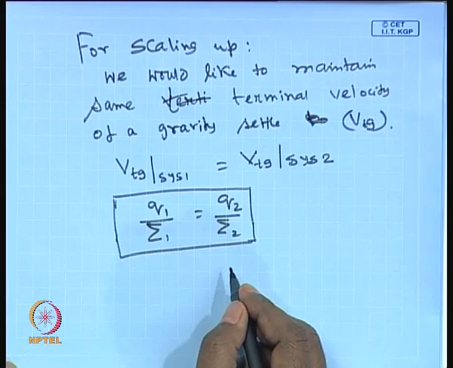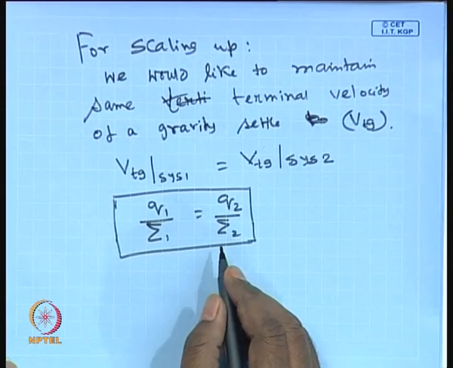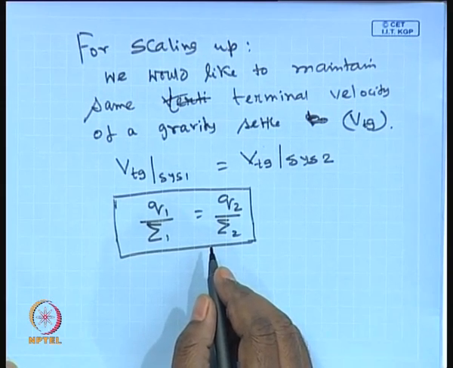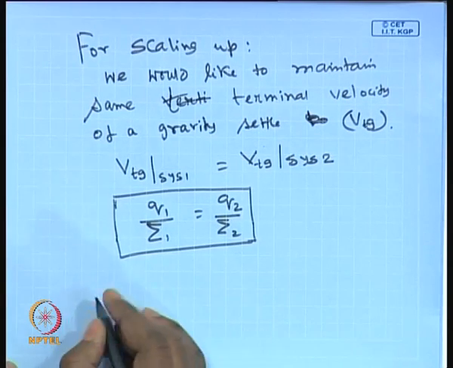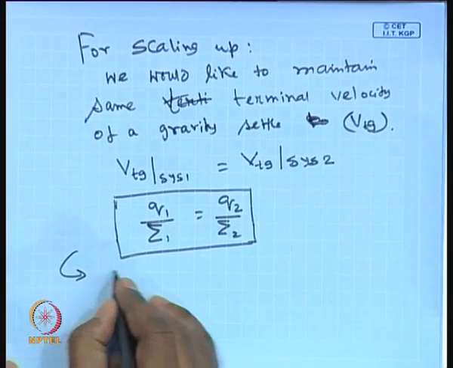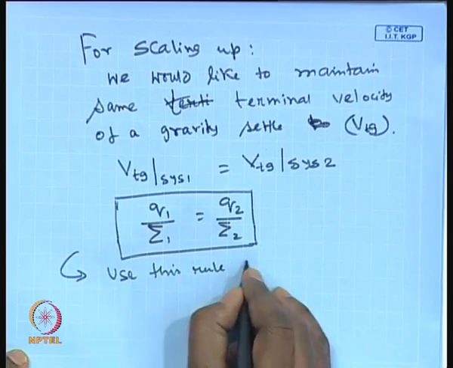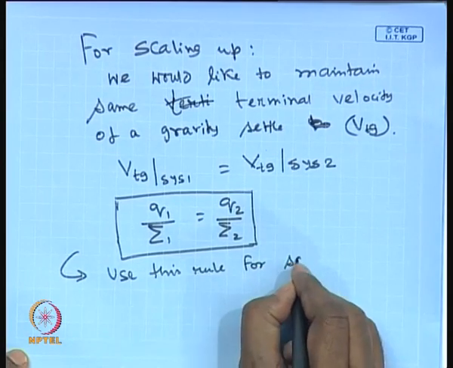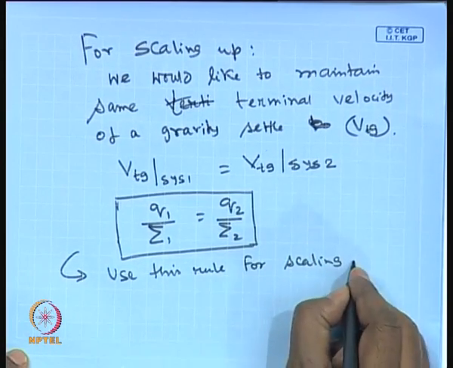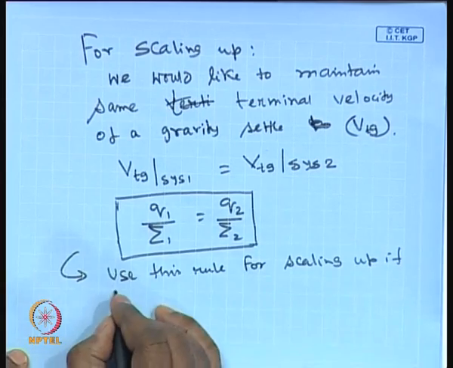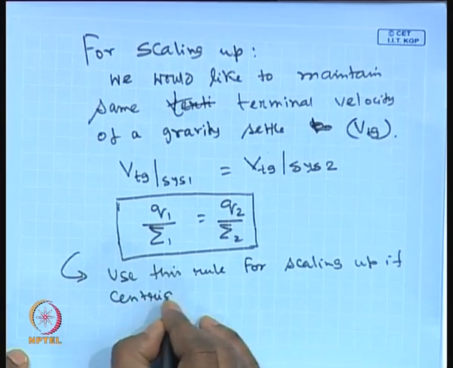So, that is it. This is dependable if the centrifugal forces between the two centrifuges are within a factor of 2 of each other. That means one can use this rule for scaling up.